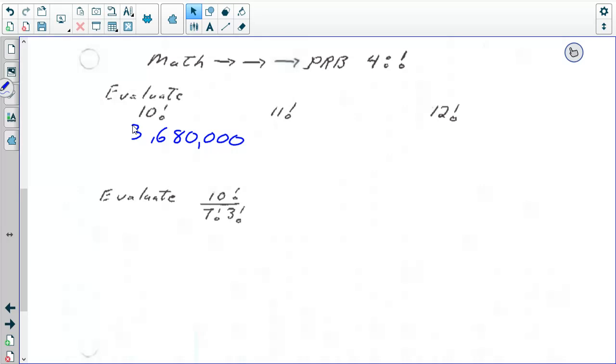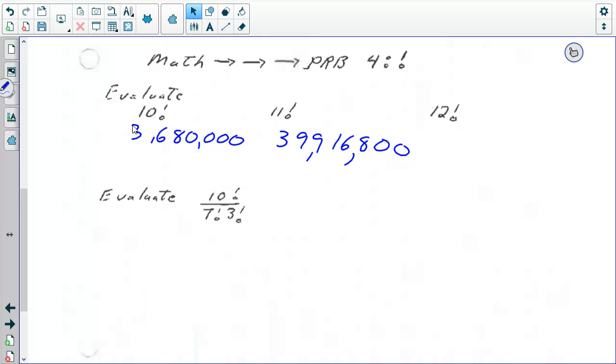What's 11 factorial? 39,916,800. I want to read that number as it actually is: 39,916,800.